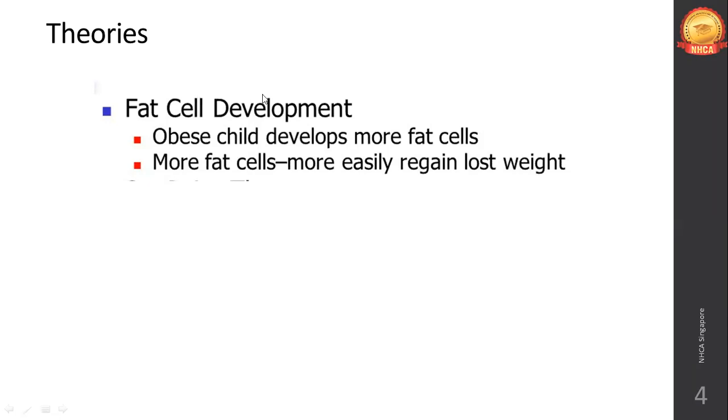That's the fat cell development theory. An obese child develops more fat cells, and with more fat cells you have a high chance of regaining lost weight. Even if you lose weight, the risk of obesity hitting you back is always high. The risk always is above your head.